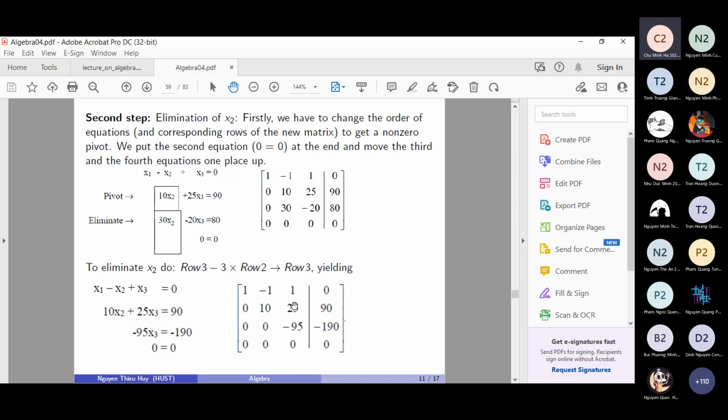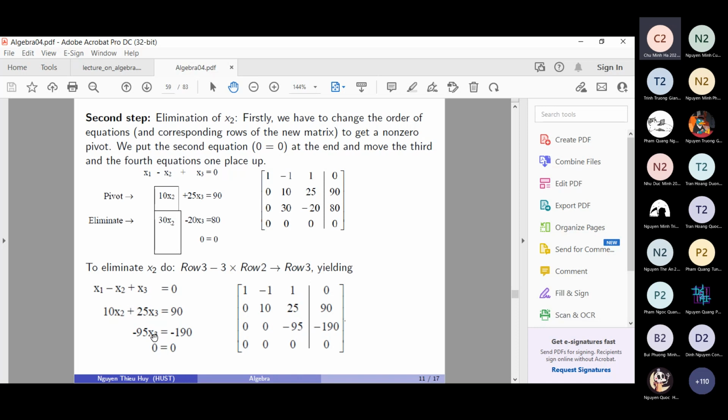And now we can show this, but let's start from the easy one. Here is the last equation, so just forget the zero equation, because the zero equation plays nothing. So let's start with the easy one, lying at the bottom here. We can immediately solve x3.